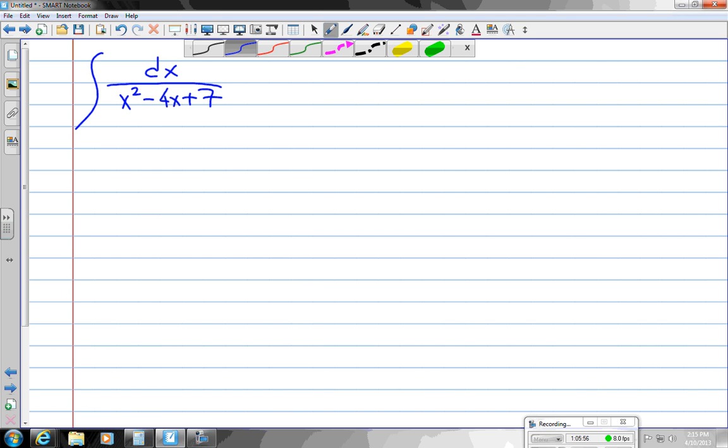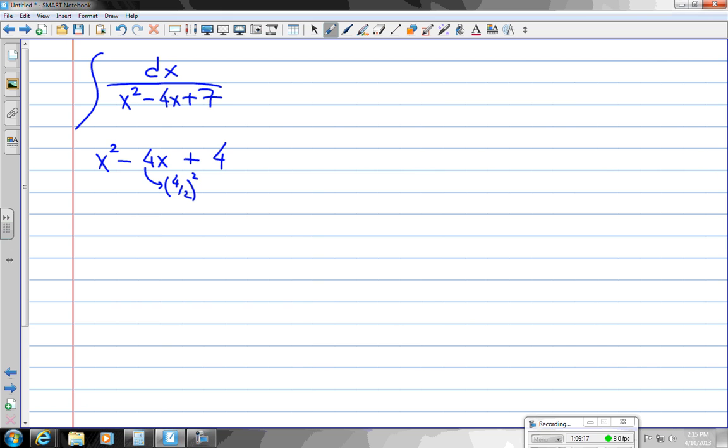Remember what I'm talking about? We can totally do that. I can say x squared minus 4x plus, what do I need to add to make that a perfect square? Remember, you take that 4, divide it by 2, and square it. So I'm going to have to add 4, right?